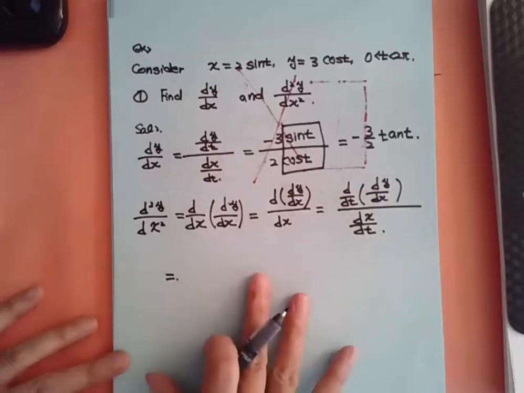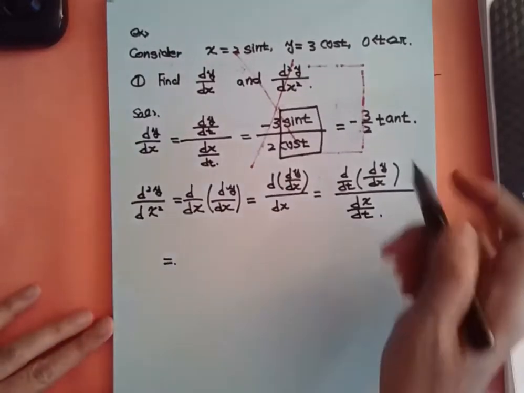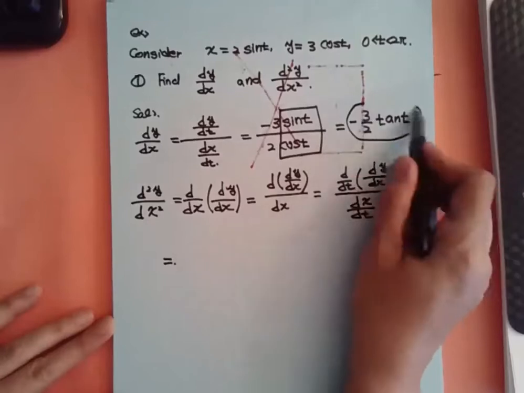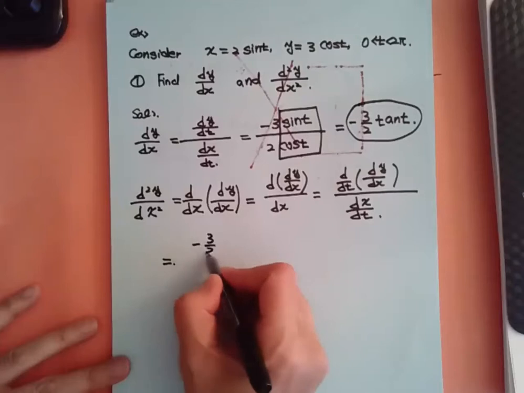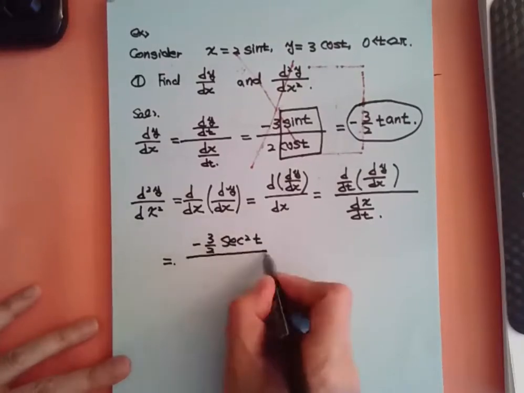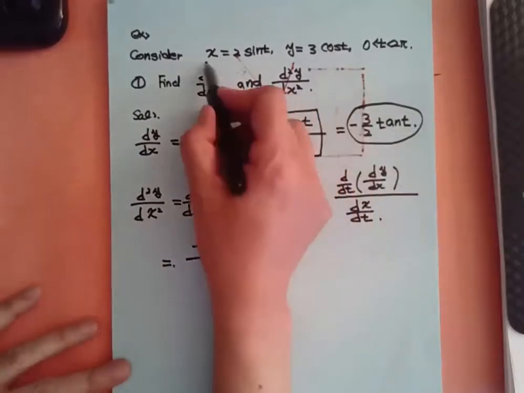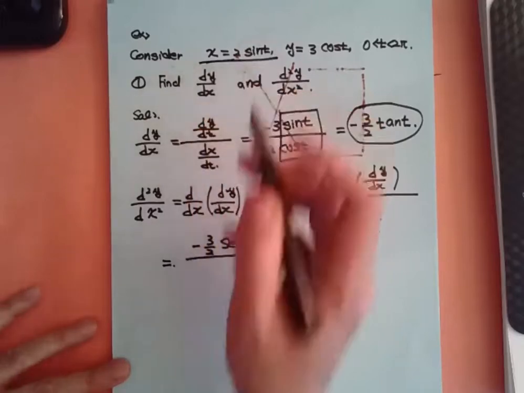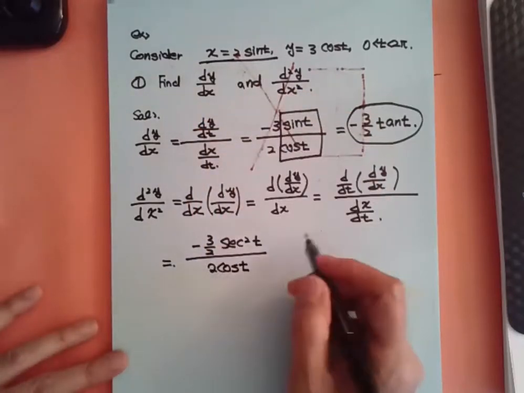The numerator is the differentiation of this one, so the numerator will be minus 3 over 2. Tangent's derivative is secant squared. And the derivative of the denominator, which is the derivative of x, is 2 cosine of t.